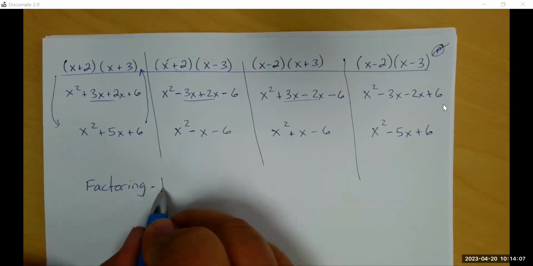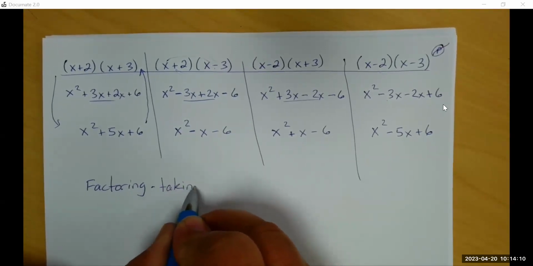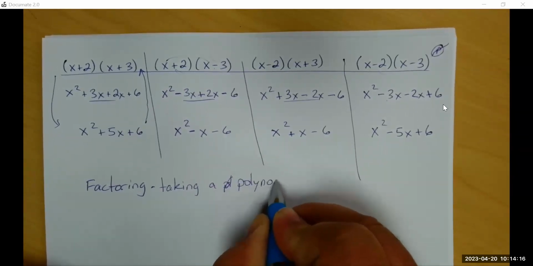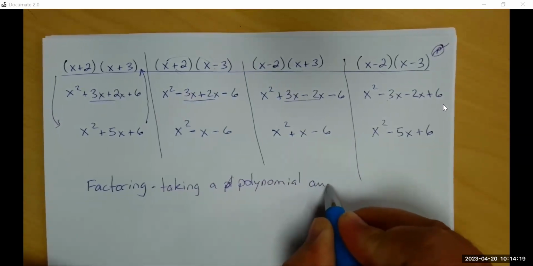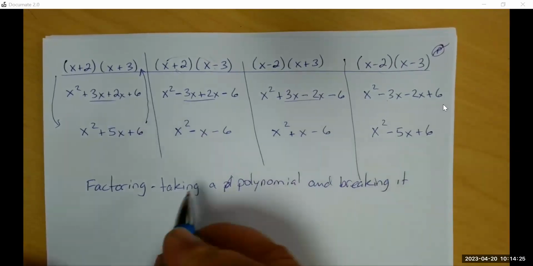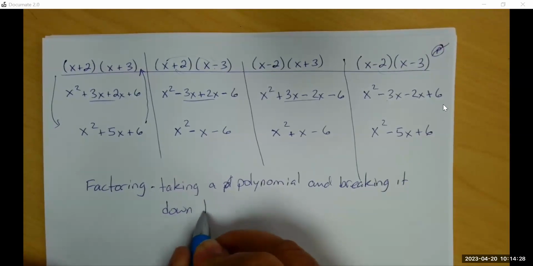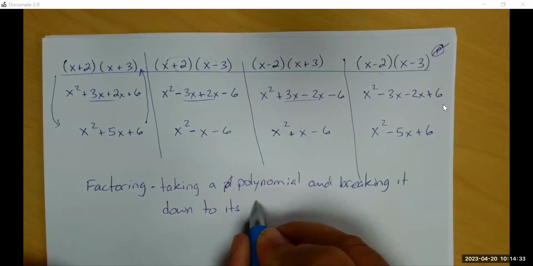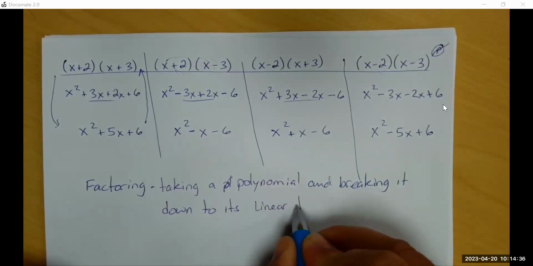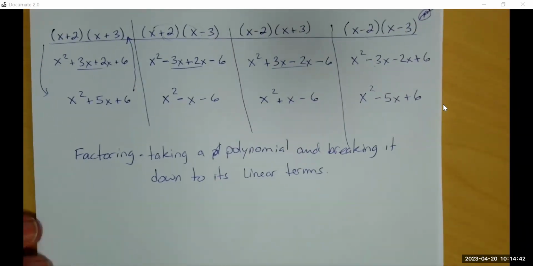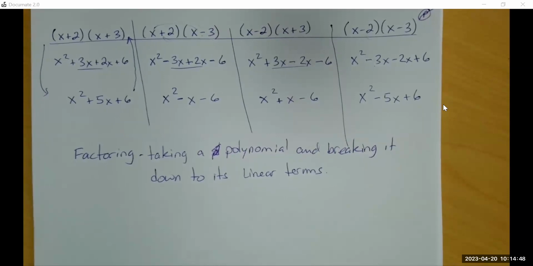Factoring is taking a polynomial and breaking it down to its linear terms. So you take a polynomial and break it down to its linear terms, to its simplest form.